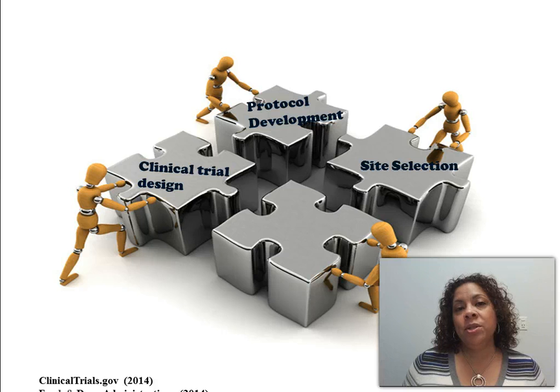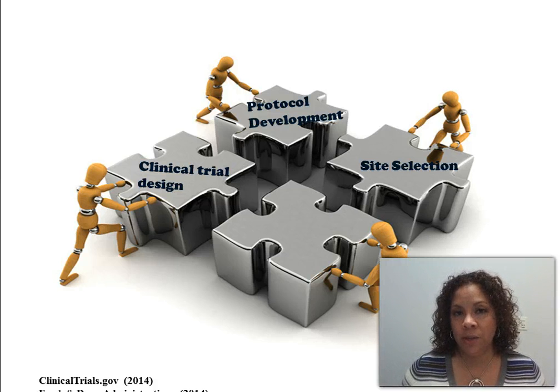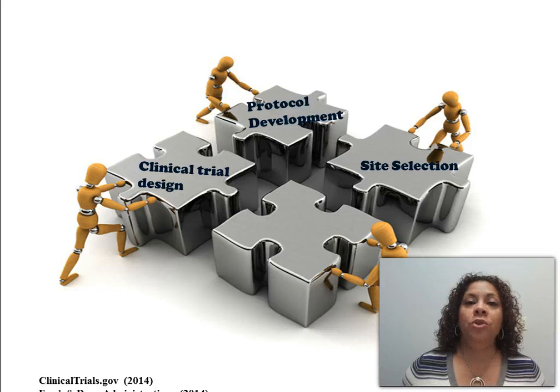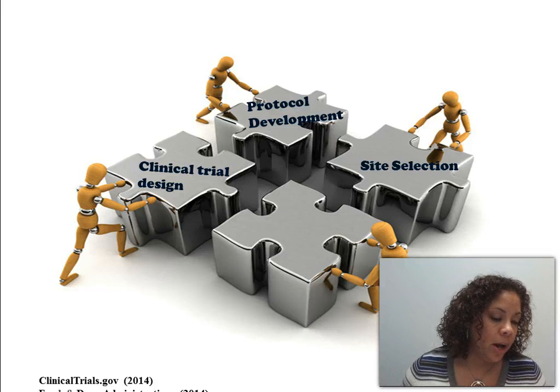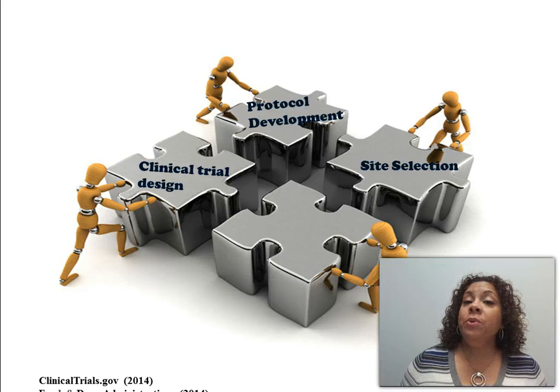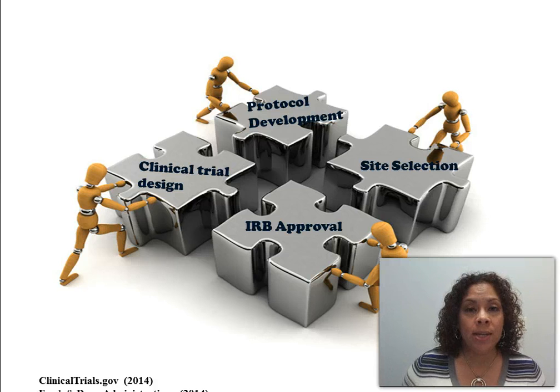And usually sites are selected by who has a principal investigator or someone who is interested in running clinical trials at their site, and you know that they are genuinely interested in research and going to do a good job.